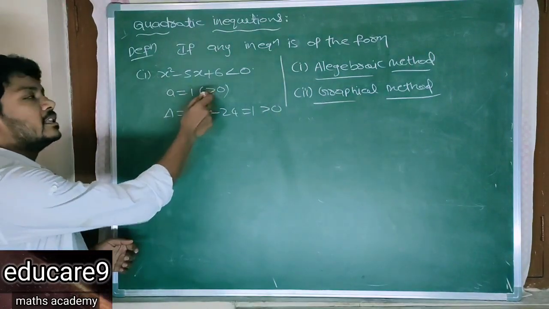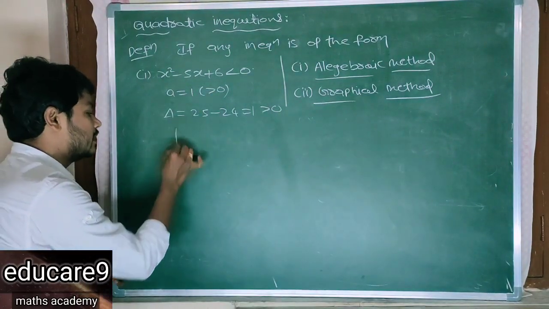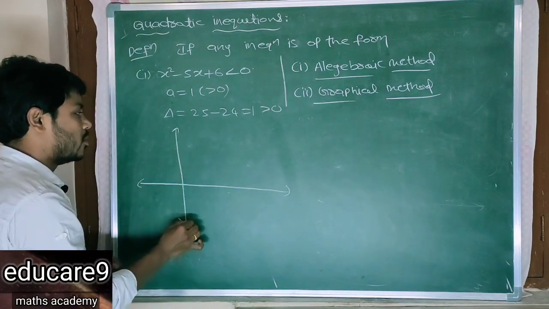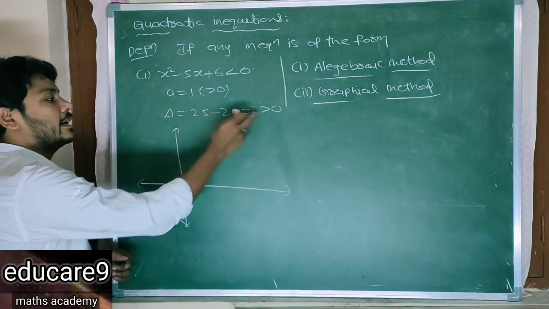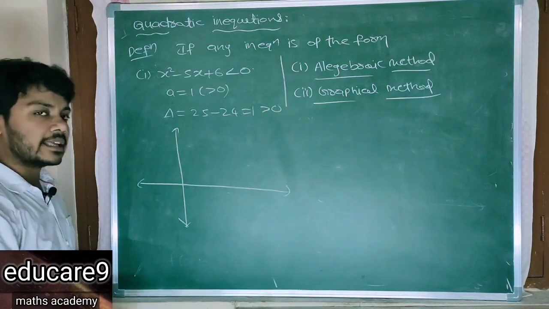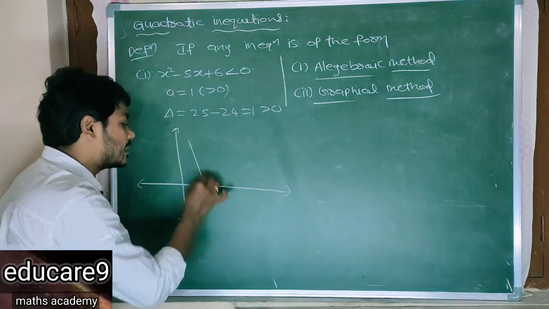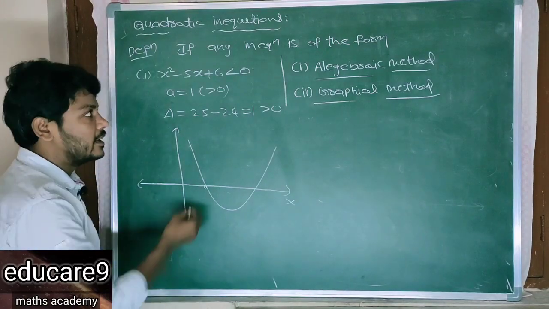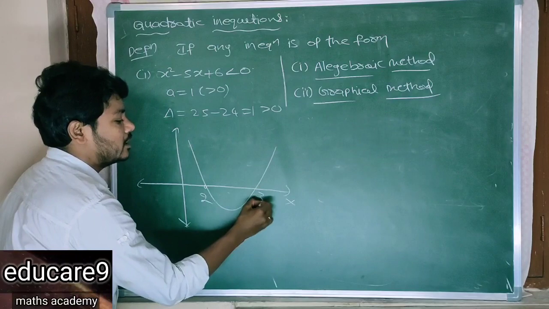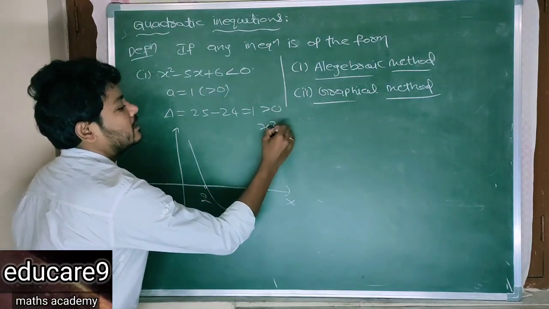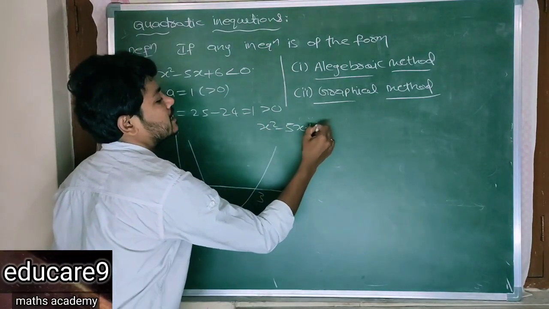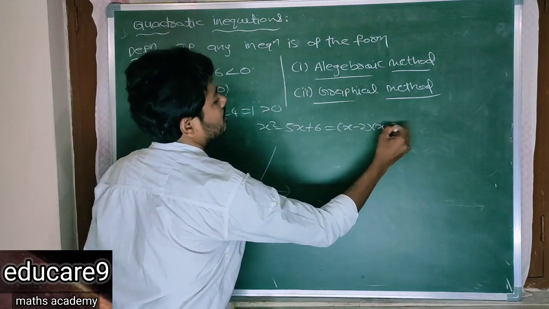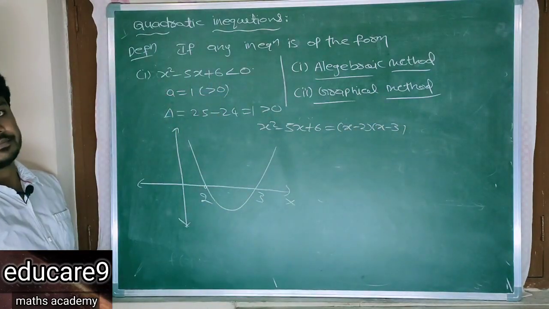If a is greater than 0, the graph represents an upward parabola, and delta greater than 0 means the graph intersects the x-axis at two distinct points, 2 and 3, because the roots of this equation are given by (x minus 2) into (x minus 3).